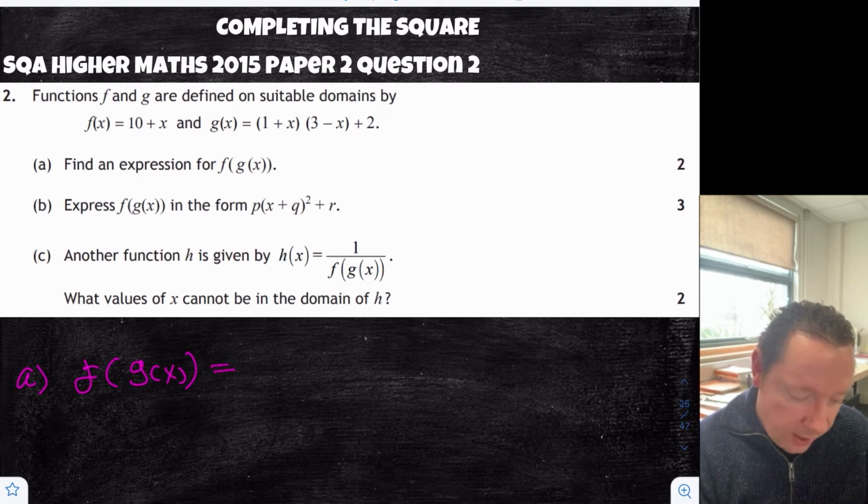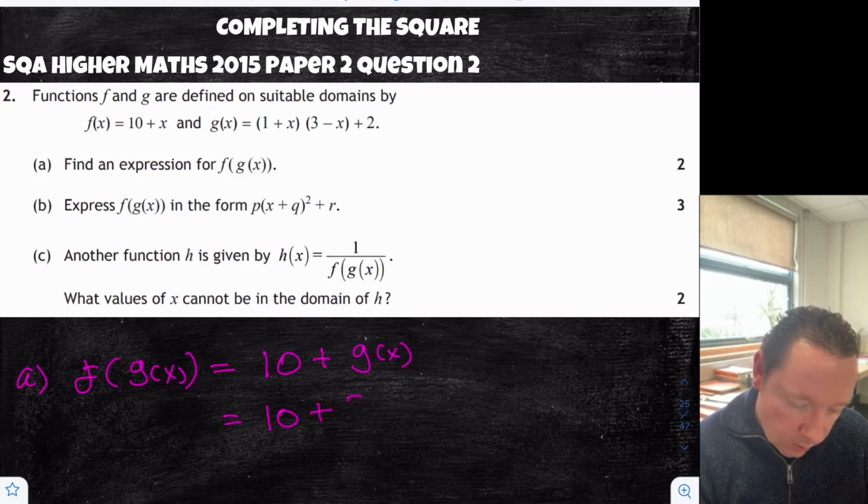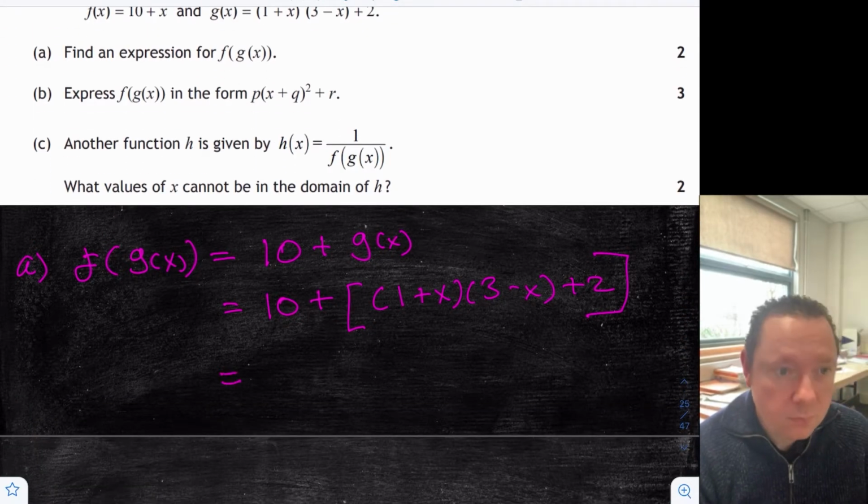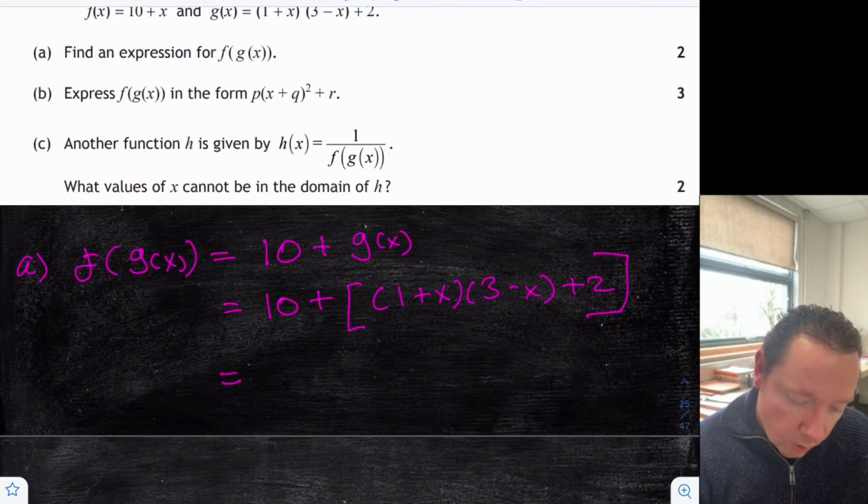Well, f of x is 10 plus x, so that's 10 plus g of x. So that's 10 plus (1 plus x)(3 minus x) plus 2. We need to tidy that up a little bit. So I'll expand the brackets.